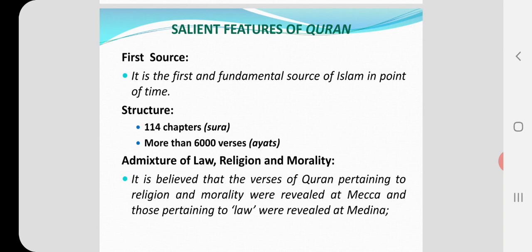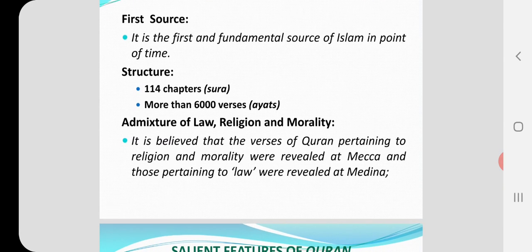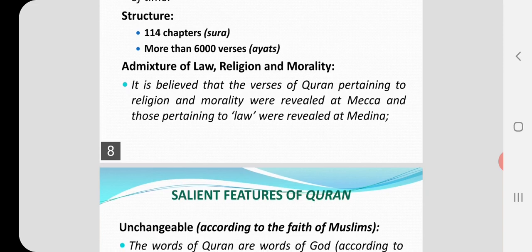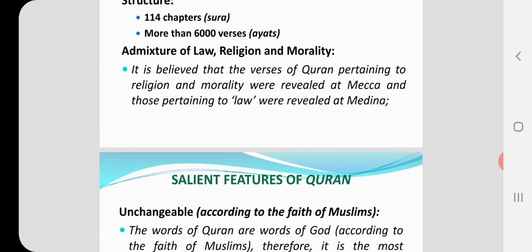However, there are chapters in the Quran which are very small as far as the number of sentences is concerned. So these chapters are not of the same size; they are of different size. As far as the ayats are concerned, I told you, there are over 6,000 verses.